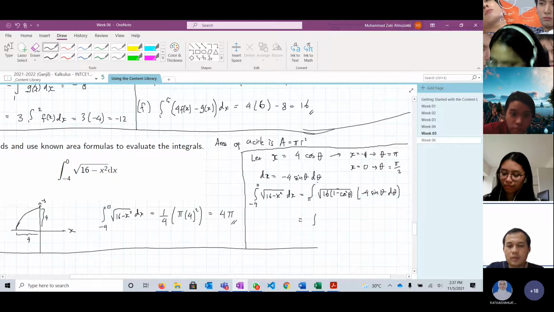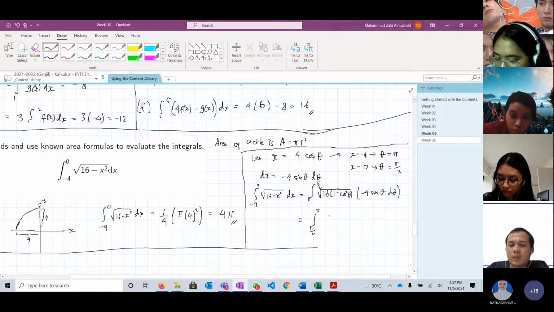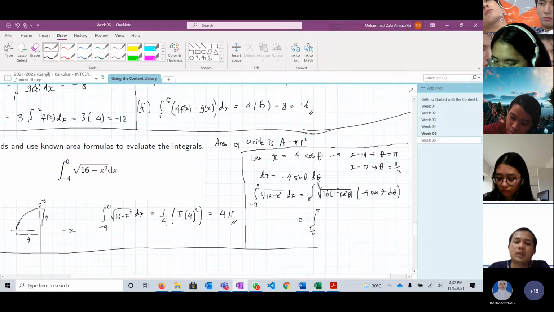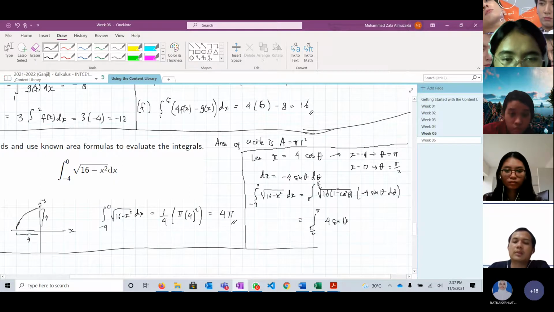So we flip the limits to pi over 2 to pi. Then the square root of 16 times 1 minus cosine squared theta is 4 times sine theta.